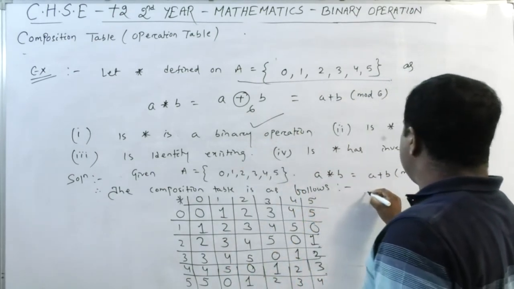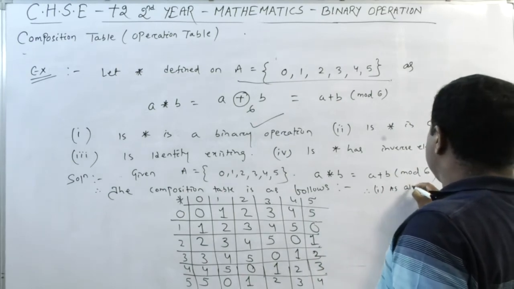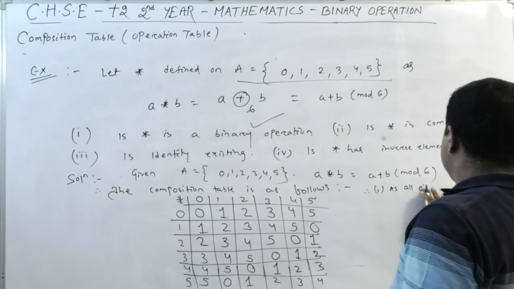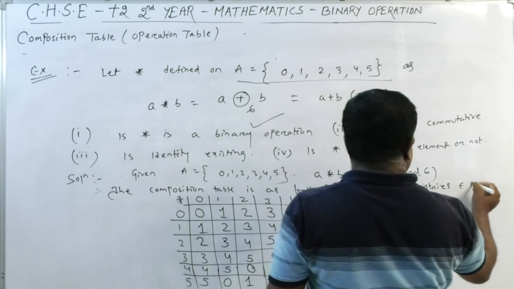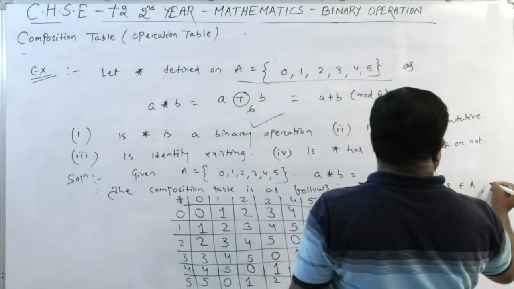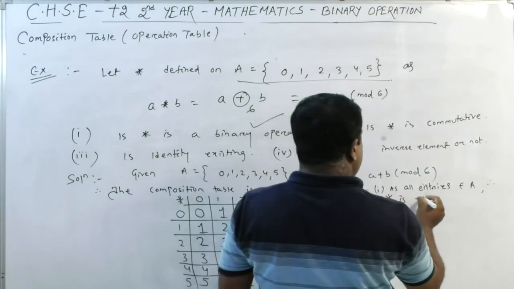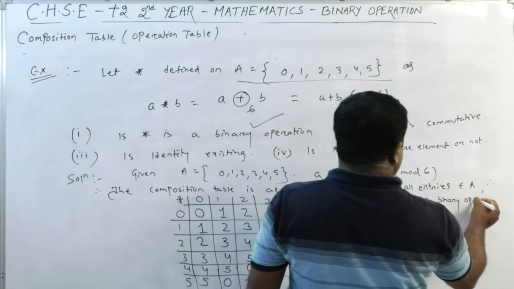So the conclusion, therefore, bit 1: as all entries belong to A, therefore star is the binary operation. Yes or no?